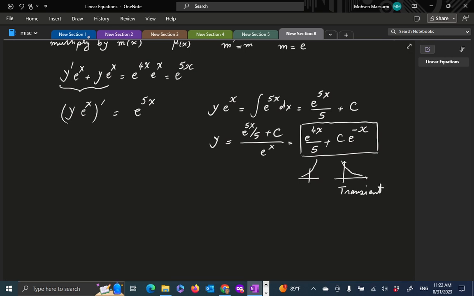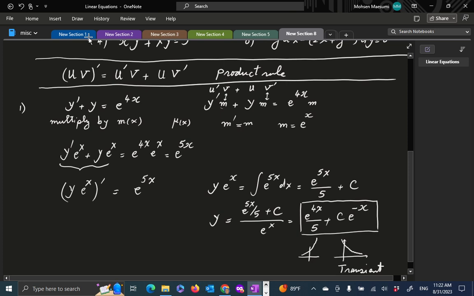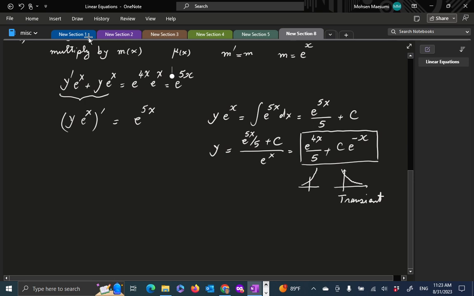Now, is there any restriction with respect to what x value you are going to have? Well, no, there is nothing saying anything about any restriction on x, and so the domain of the solution is going to be from minus infinity to plus infinity.